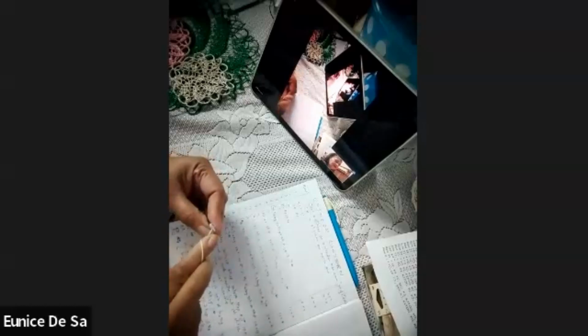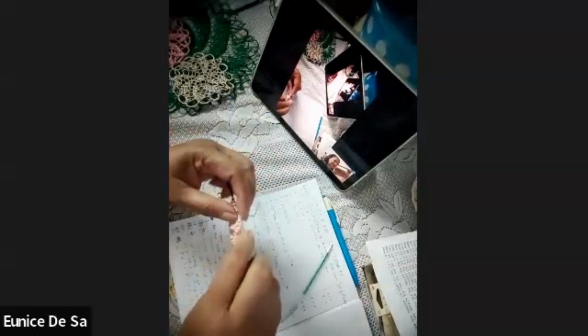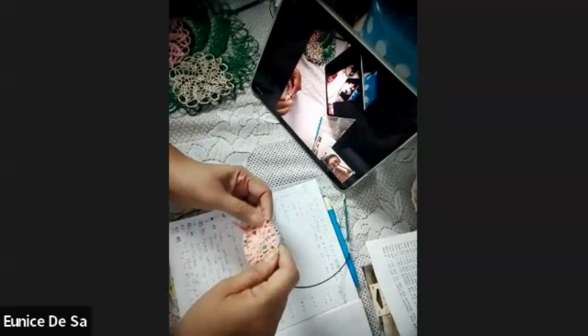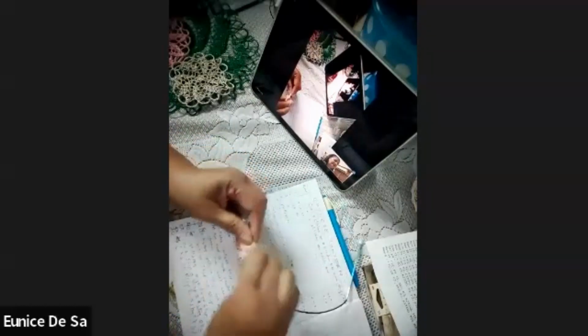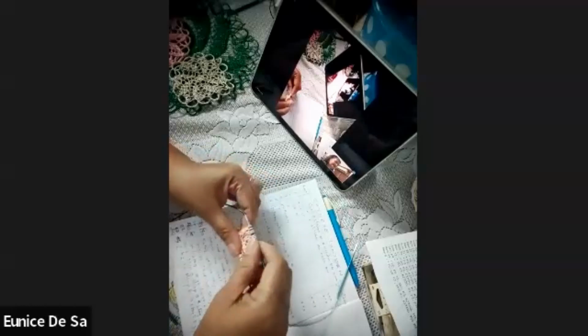Okay, so I've finished 1 needle. It's a different pattern altogether. It's quite different.